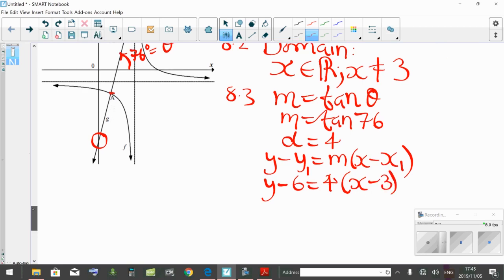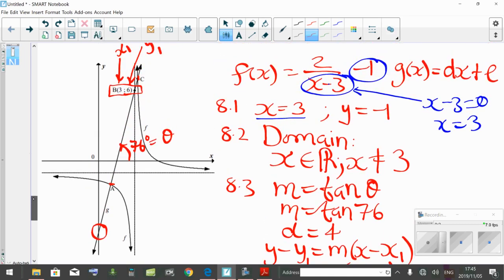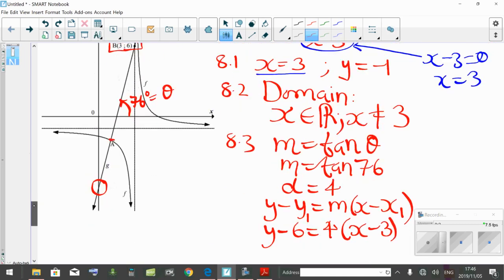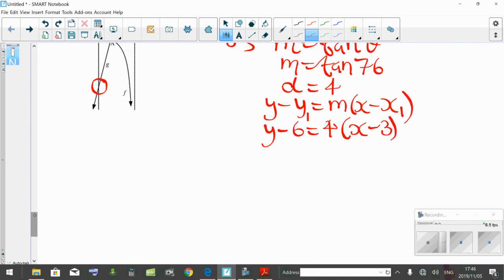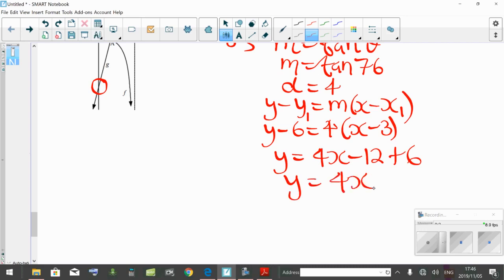We'll quickly check. Yes, x1 is 3, y1 is 6. Now simplifying this, we have 4x minus 12, taking the negative 6 over, comes plus 6. We end up with 4x minus 6. This is the equation of g of x.